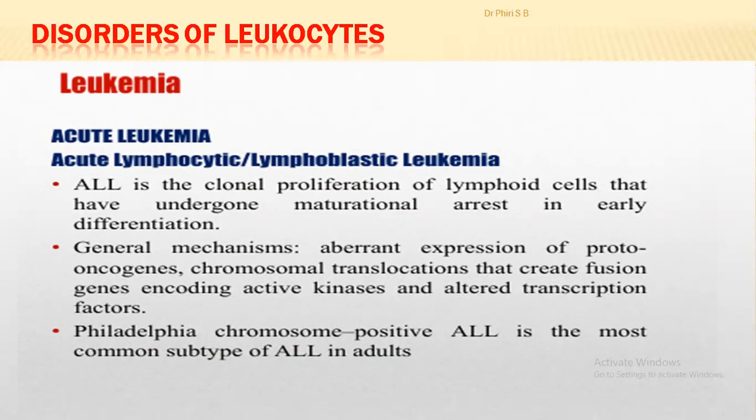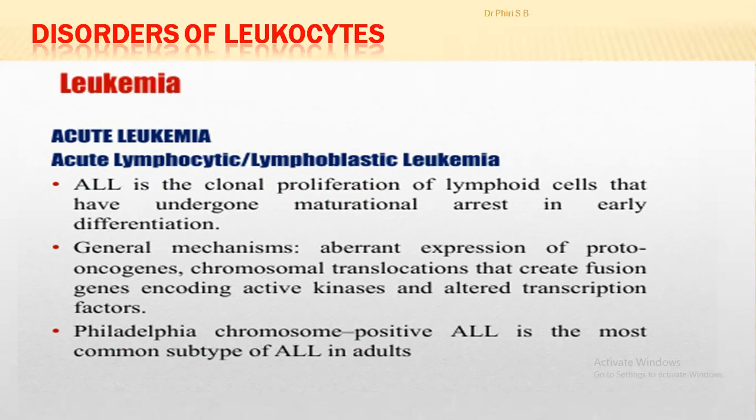The general mechanism is the aberrant expression of proto-oncogenes, chromosomal translocations that create fusion genes encoding active kinases, and altered transcription factors. So you also have altered transcription factors, and dysfunction of these kinases that are involved in differentiation of cells and in stimulating the cells to undergo differentiation.